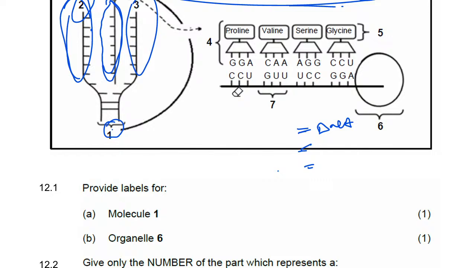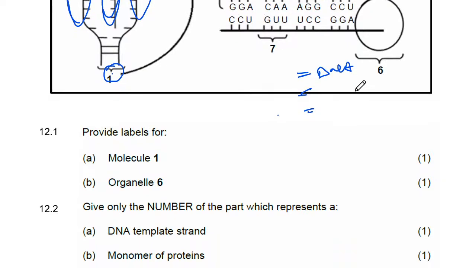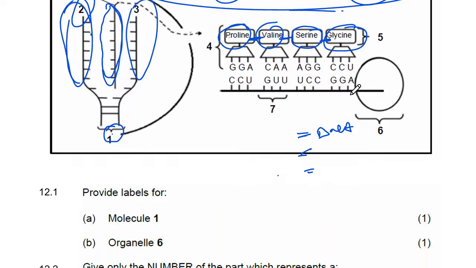If you don't understand what is a code, what is a codon, what is the anticodon, what are the bonds, then when the questions come like this, they're gonna kill you. How do you call the bond between proline and valine, if this is one amino acid and that is another? Peptide bond. So I think we are done with that.